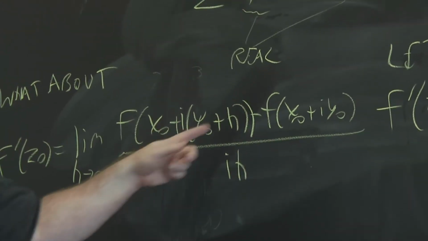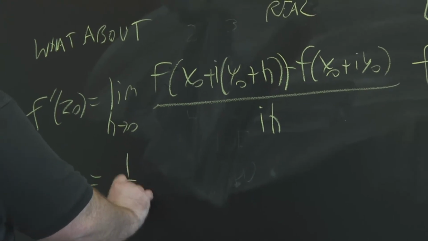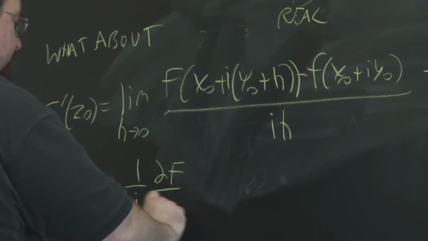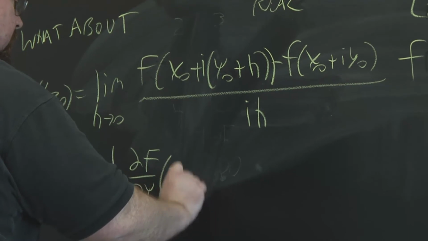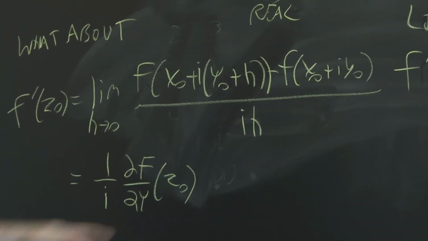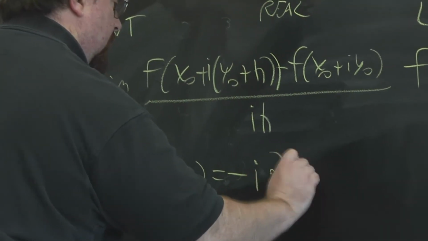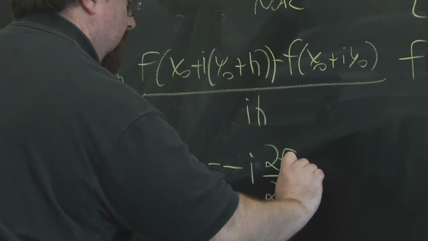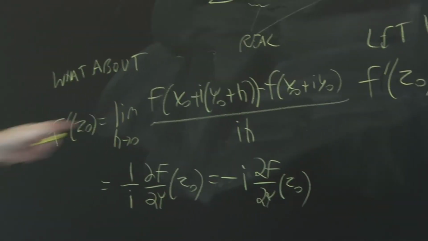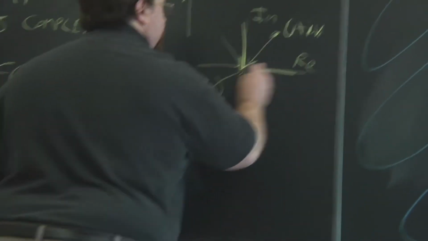So what happens here is you get 1 over i partial f with respect to y at z naught. But that's the same as saying minus i partial f with respect to y. So that's what happens if you compute the limit along this path instead of this path.